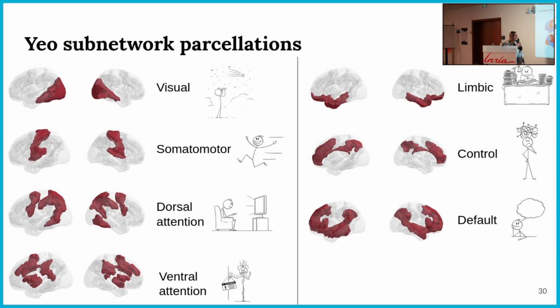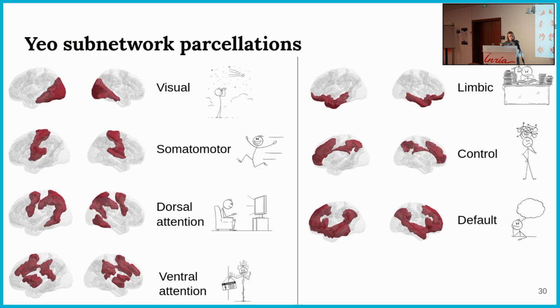So we start with the visual subnetwork, which is in the back of our head, and it is responsible for tasks in which we are looking at static and moving objects.